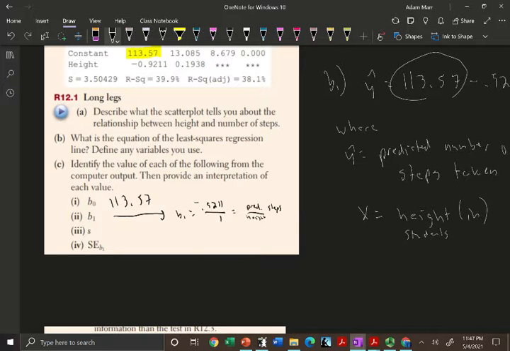So how could I explain this? For every 1 inch of height of a student, the predicted number of steps that they take goes down 0.9211 to get to the end of the hallway. So for every 1 unit of height increase of a student, the predicted number of steps they take to get to the end of the hallway goes down by 0.9211.